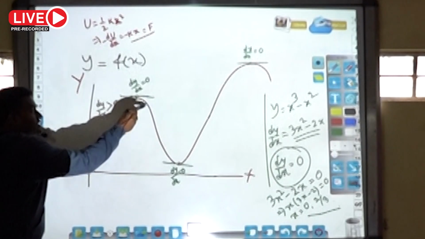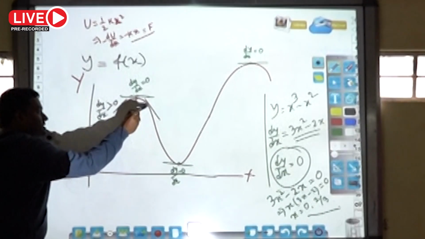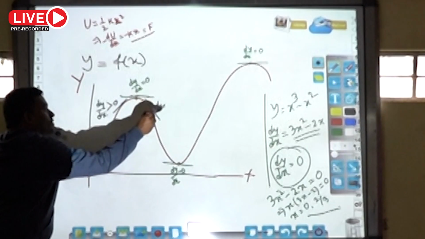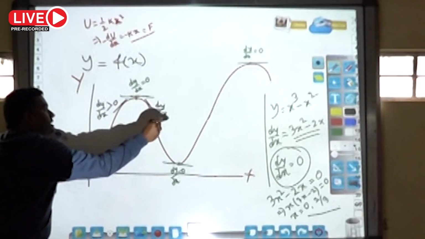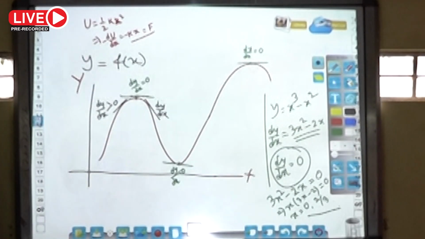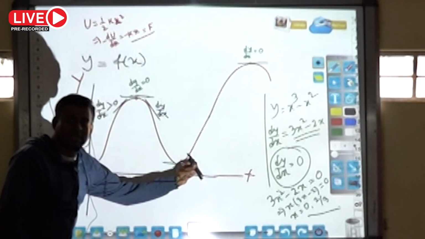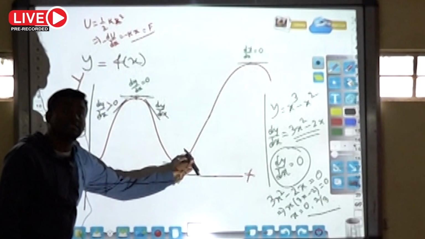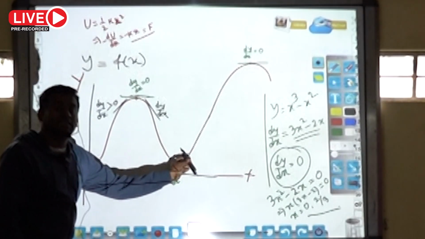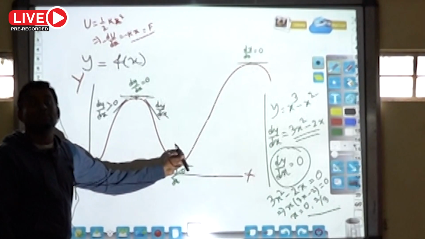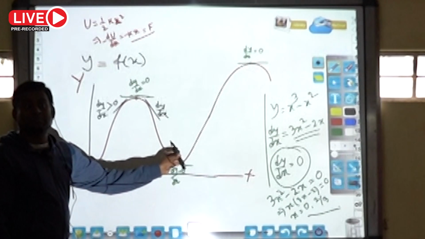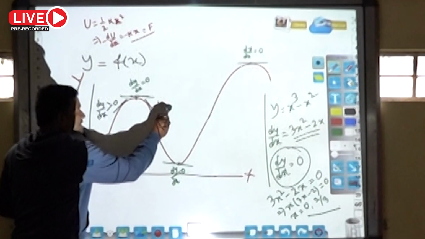Just after this stationary point you draw another tangent and check the sign of the first derivative at this point. See, it will cut at an obtuse angle, means in the second quadrant. In the second quadrant tan theta will be negative. So at this point dy dx is negative.